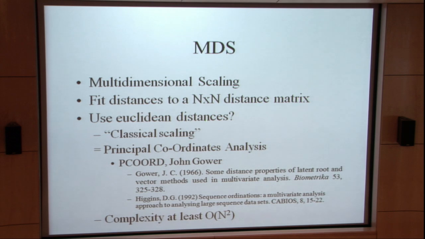If you use Euclidean distances, that's called classical scaling, and it's equivalent to another technique called principal coordinates analysis, which was sort of independently invented. So I heard about this before I heard about this. My only ever scientific publication on my own was this, where we applied principal coordinates analysis to what I called a large sequence data set in 1992, which was 655 5S ribosomal RNAs, which was large at the time.